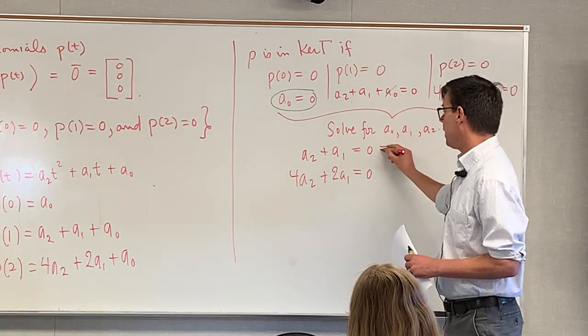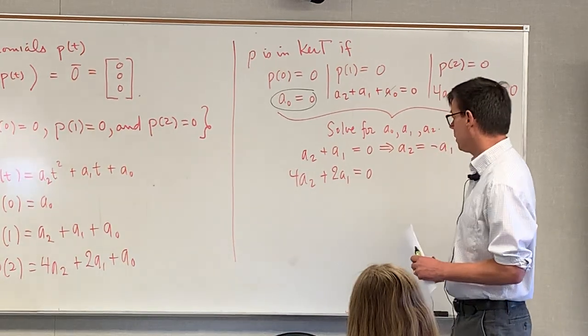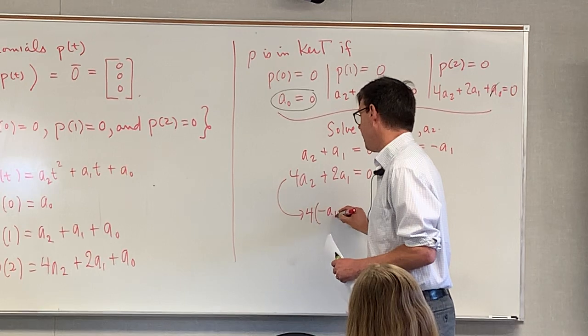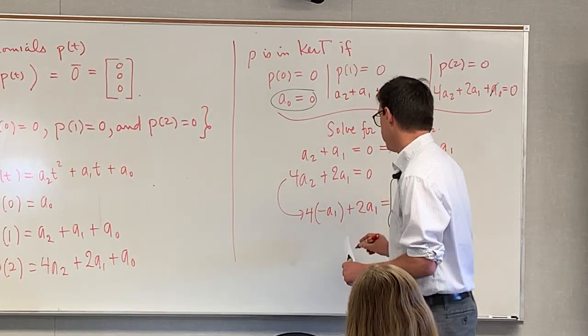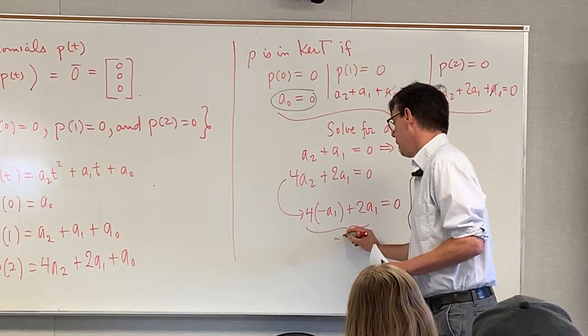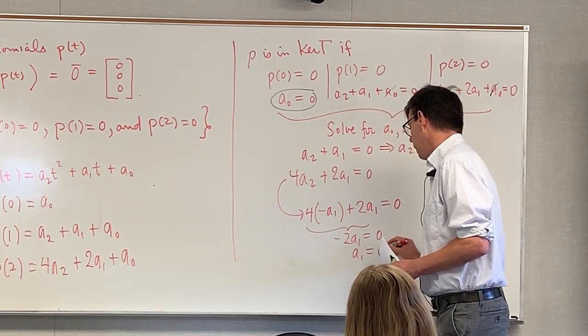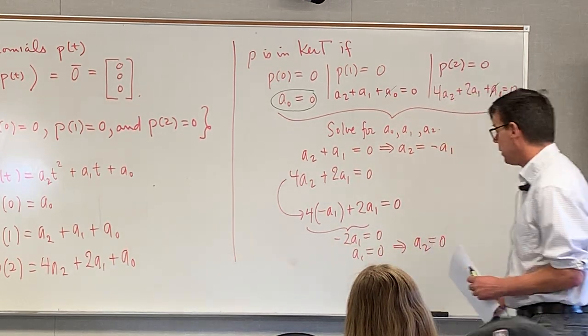You could just play with the algebra. A2 is equal to negative A1. So this equation becomes 4 times negative A1 plus 2A1 equals 0. Negative 2A1 equals 0. A1 equals 0, which implies A2 equals 0.